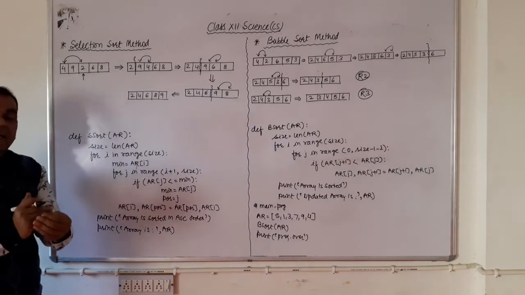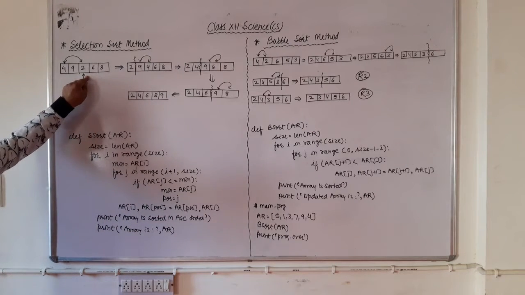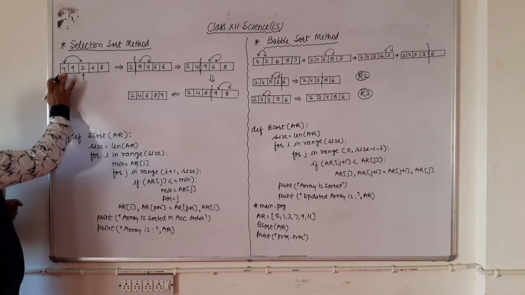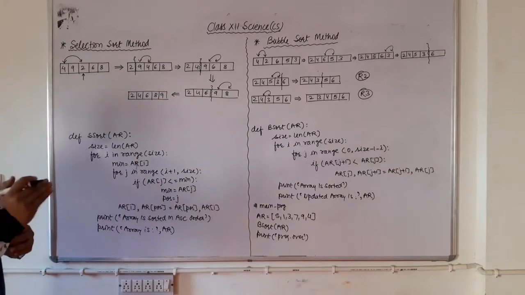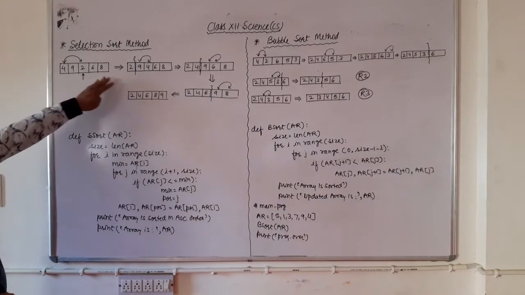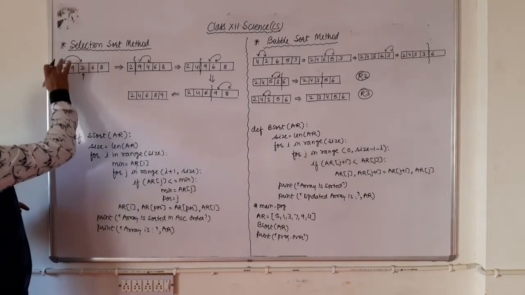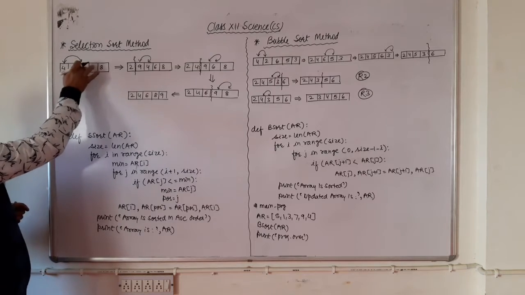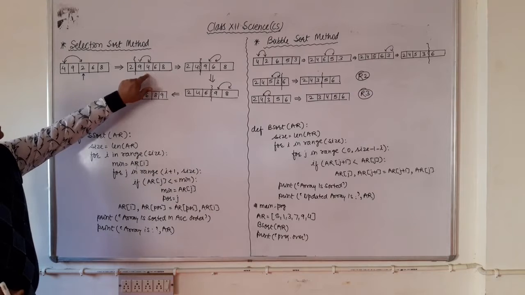Now the second step is you have to swap this minimum element with the element at the beginning position of the array, means 4 and 2 are swapped with each other. So what is the result here? Just see, 2 and 4. 4 comes out from the 0th position, 2 comes to the front position, and 4 is there at the position where 2 was stored. Now the output is this one, right?